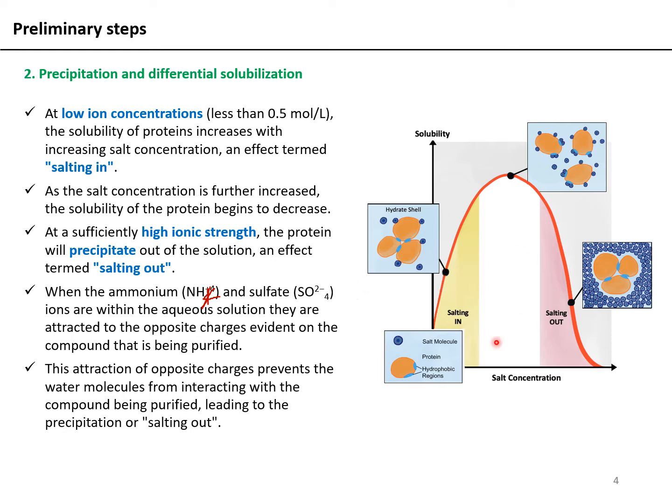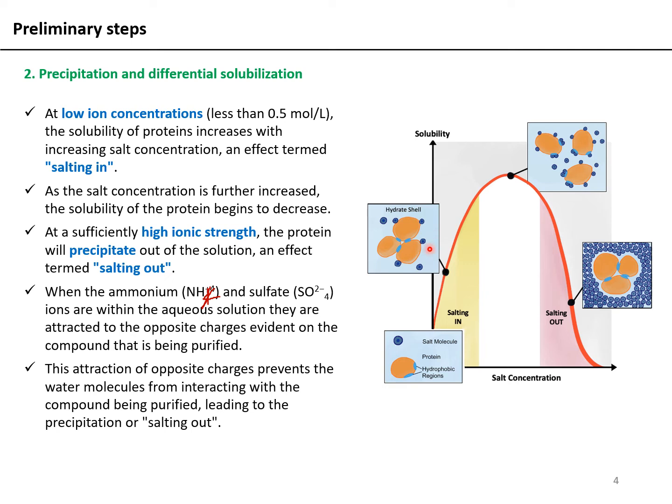So this image will help better understand it. You have this protein molecule. It has these blue patches, which are the hydrophobic regions on its surface. Now, when you're salting in at the low ion concentrations, as you keep increasing the salt concentration up to a certain level, it will increase the solubility of your protein.